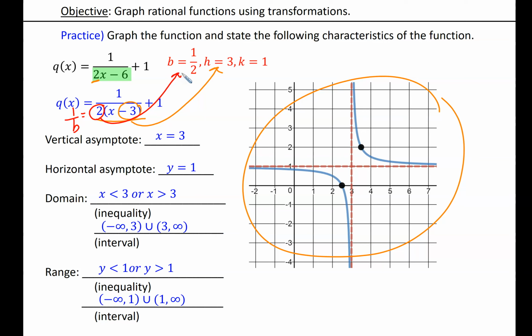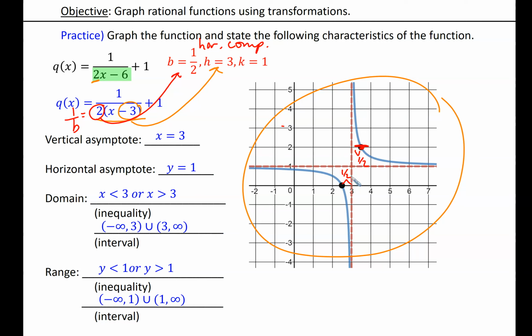The absolute value of 1/2 being less than 1 means that we have a horizontal compression. So that's what we're seeing here. That's why these points, instead of being 1 unit away from the vertical asymptote, are only 1/2 a unit. They've compressed to a distance of 1/2 a unit away from that asymptote.